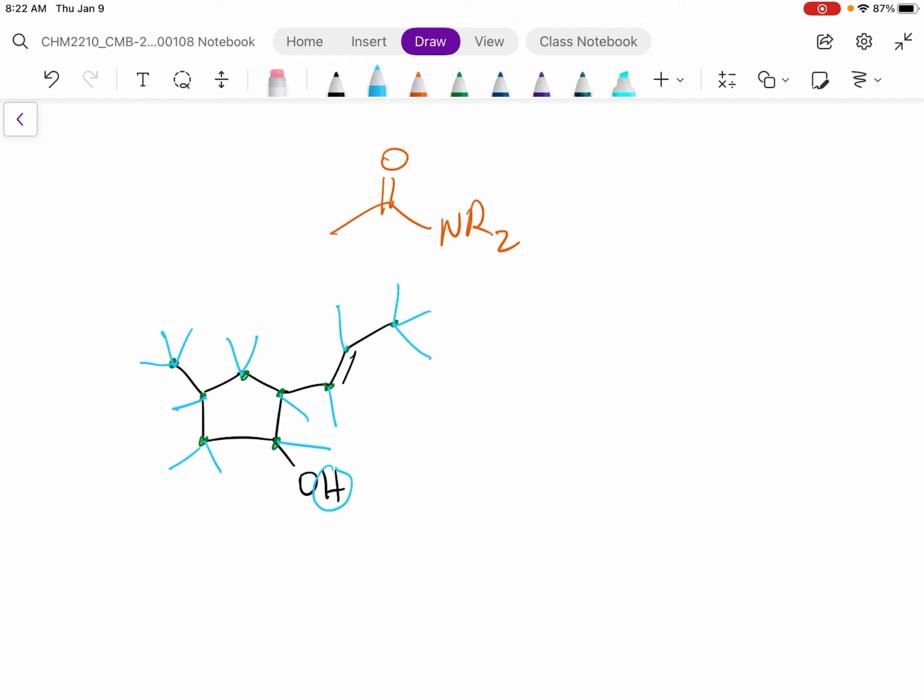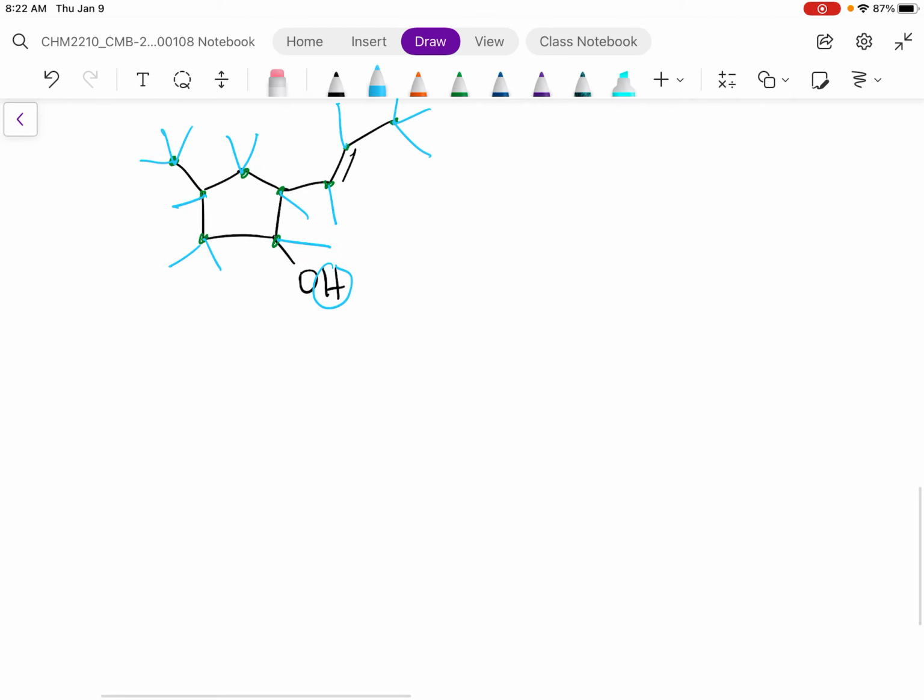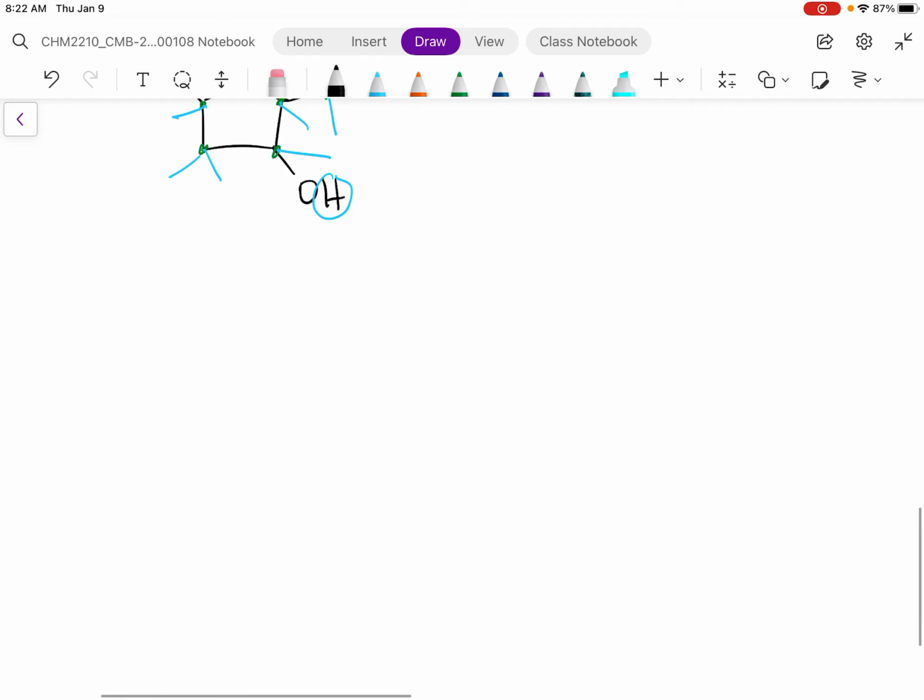So let's do a little bit more complicated one. I'll have you guys do this one. I'm having a hard time trying to get this file into this OneNote. I can't figure it out right now, so I'm forced to draw them, okay? So this one's a little bit bigger.